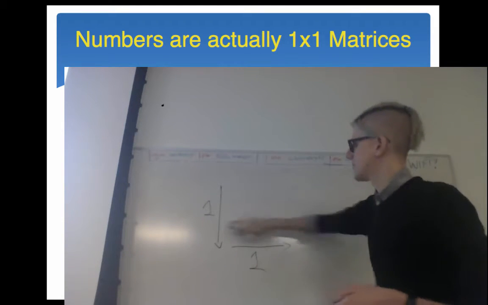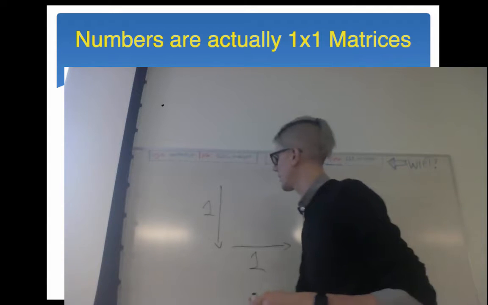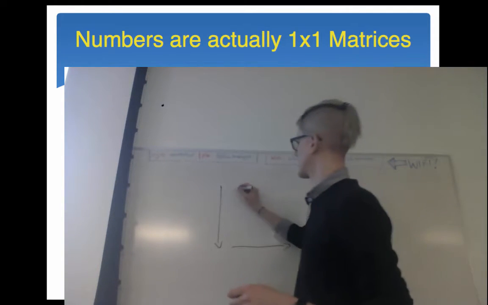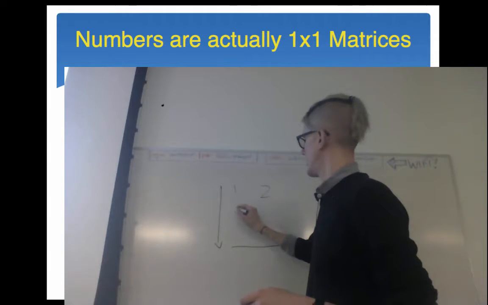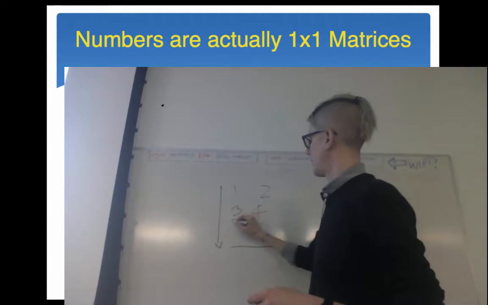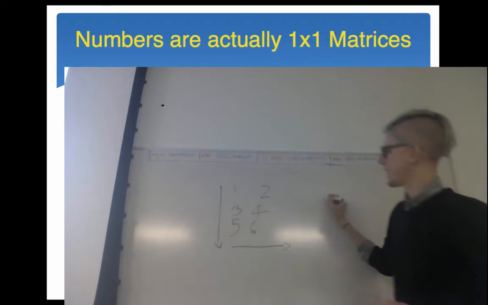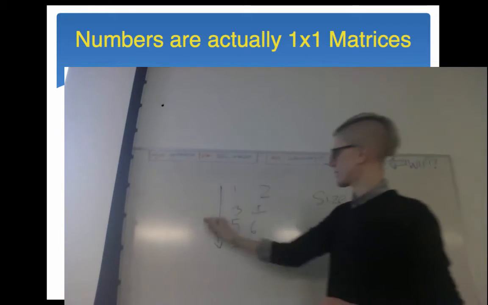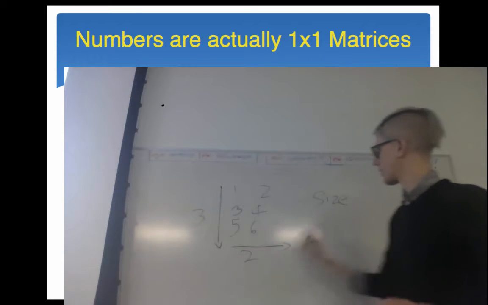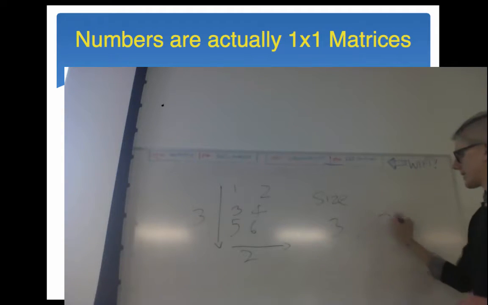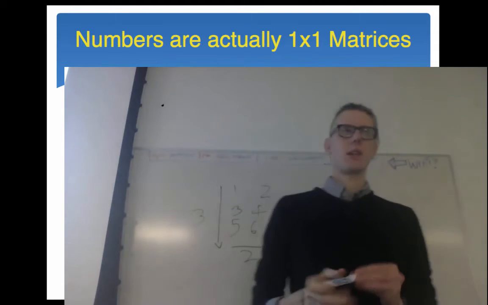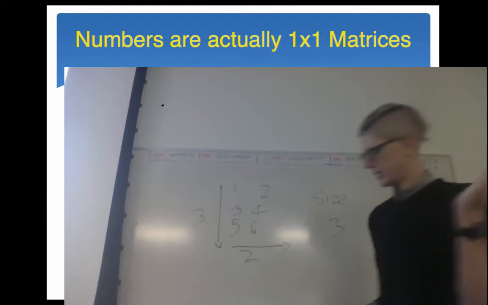So if I had something that was a different shape, like a matrix such as 1, 2, 3, 4, 5, 6, and I did the size of that matrix, it would tell me that it is 3 down and 2 across, and the result I would get back is 3 and then 2, rather than the 1 and then 1 that we see here. So it's always going to be down and then across.